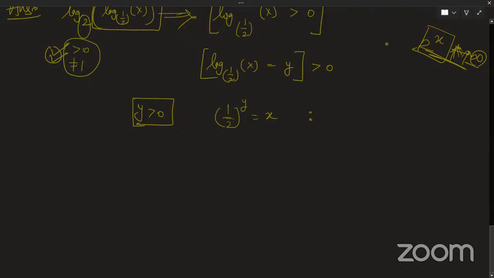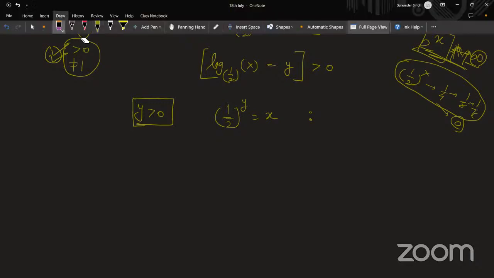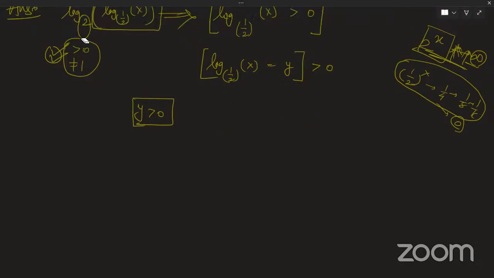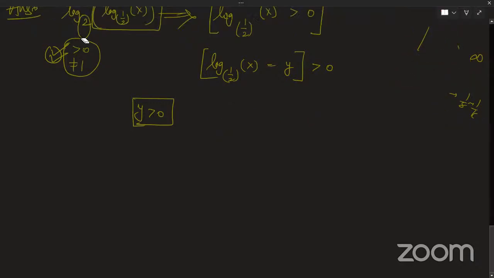But if I have a small number, half raised to x, and I multiply it, it will be 1 by 4, 1 by 8, 1 by 16. So it grows nearer to 0 if I multiply it many times, because it grows smaller and smaller. That's the point I'm trying to make.